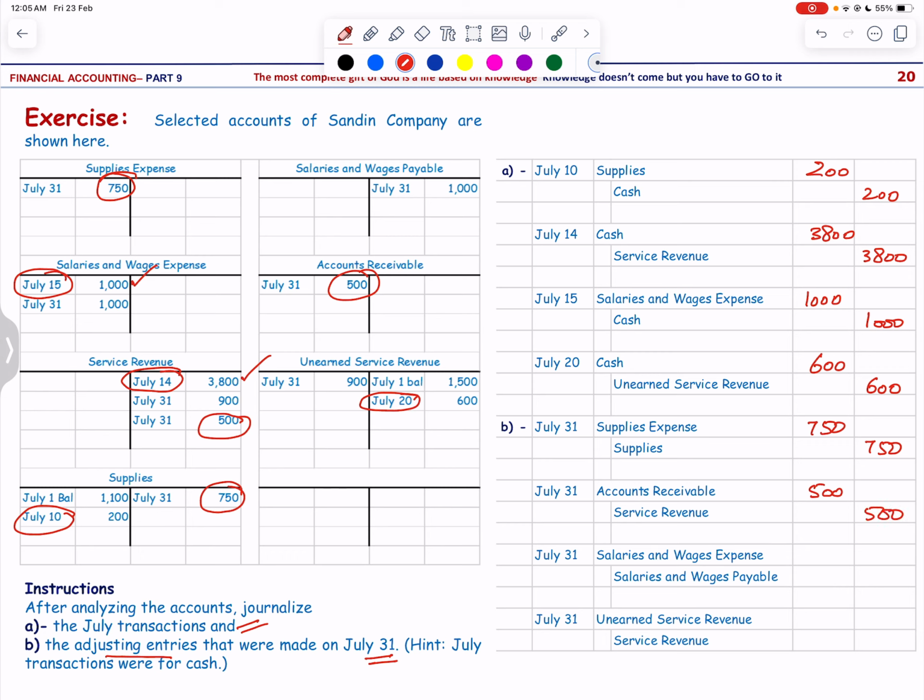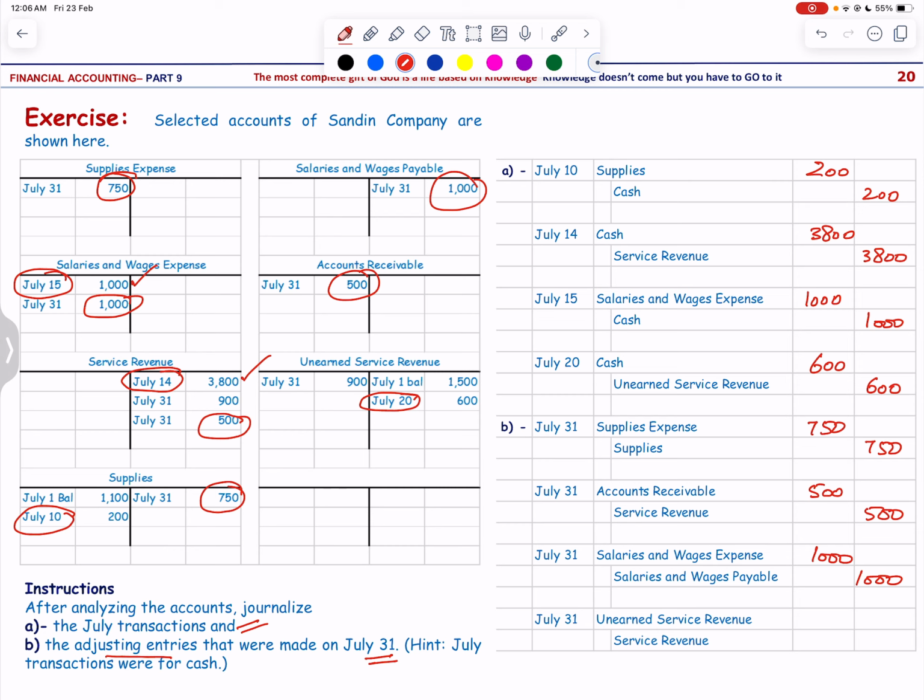31st service revenue of 500 as well. Next we have the salaries and wages expense. You can see that that is for 1,000. So salaries and wages expense is going to be debit by 1,000, and because this is an adjustment, it means it is at the end of the period. So salaries and wages payable is credited by 1,000.